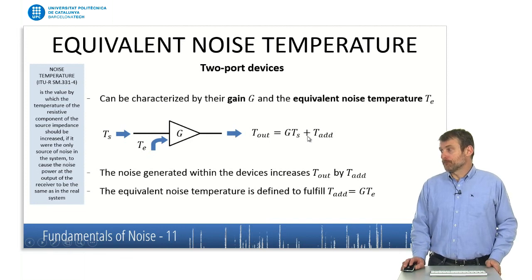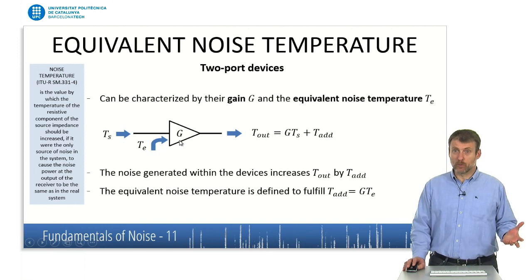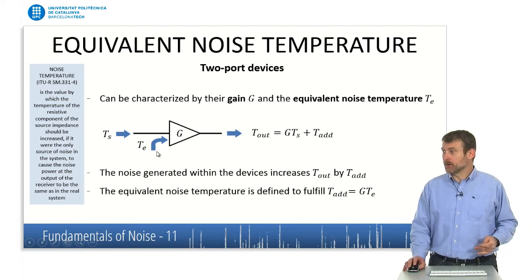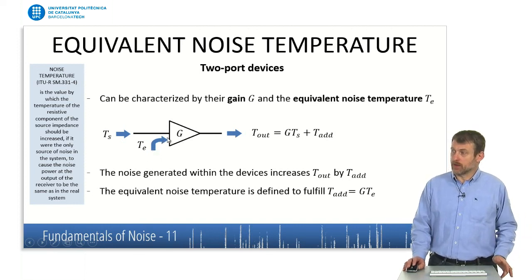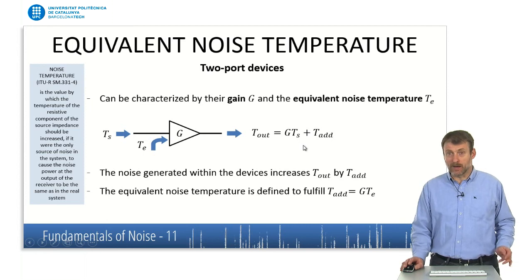So the definition of equivalent noise temperature for a two-port, for example, for an amplifier, is the noise temperature at the input that accounts for the additional noise generated at the output, right?